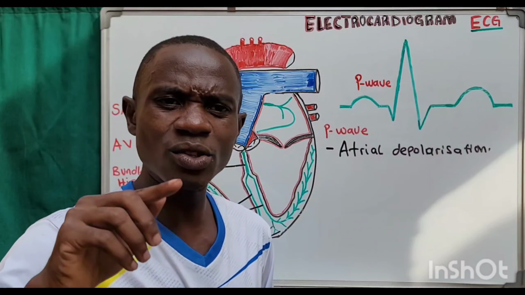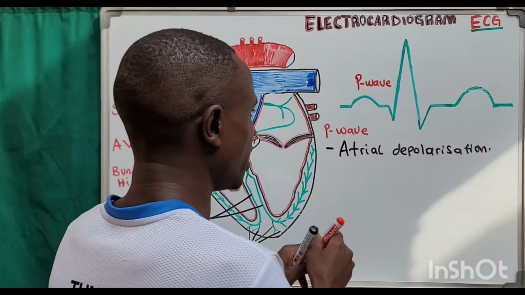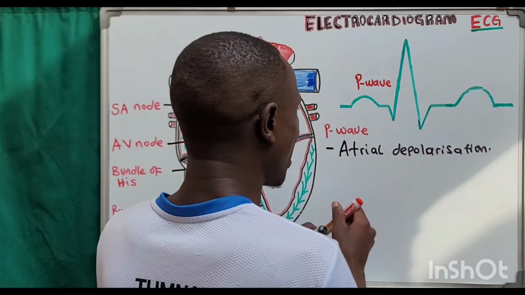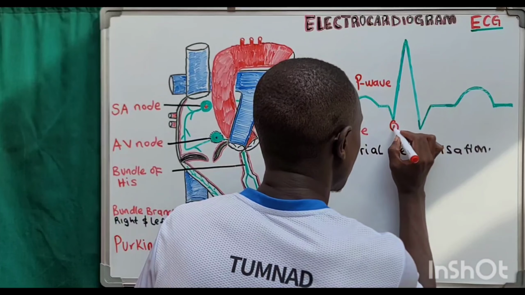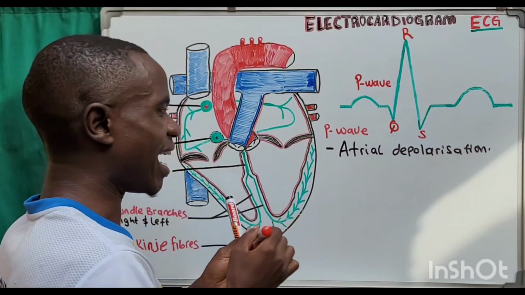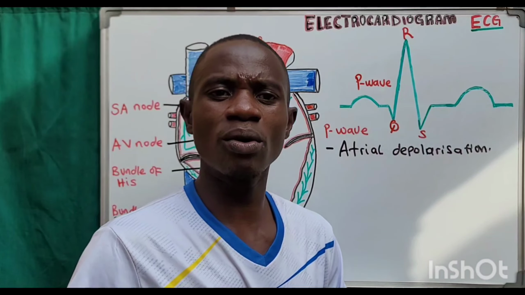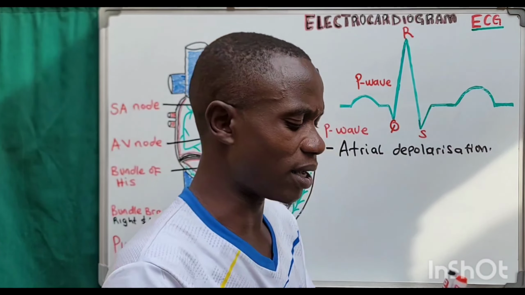It gives us what we call a QRS complex. And this QRS complex denotes ventricular depolarization.